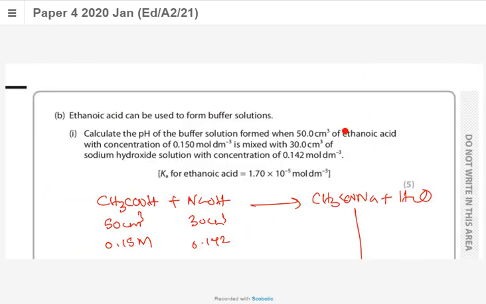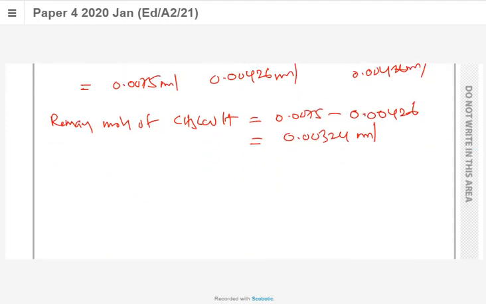And what is the concentration now? This number of moles is available in how much volume? 30 plus 50 is 80. So now you can find the concentration of the carboxylic acid: this much of moles present in 80, number of moles in 1000. What's the answer?